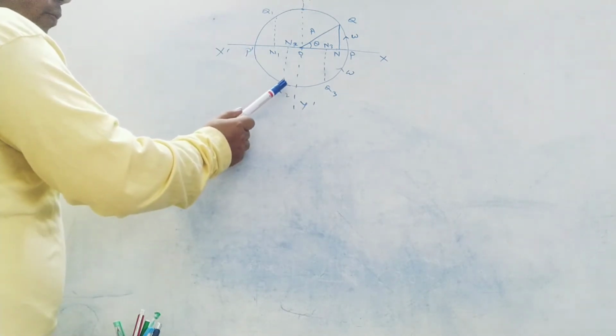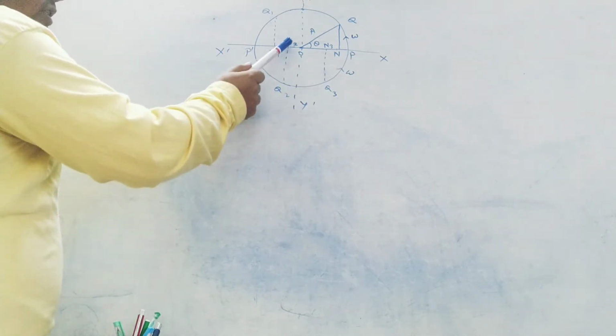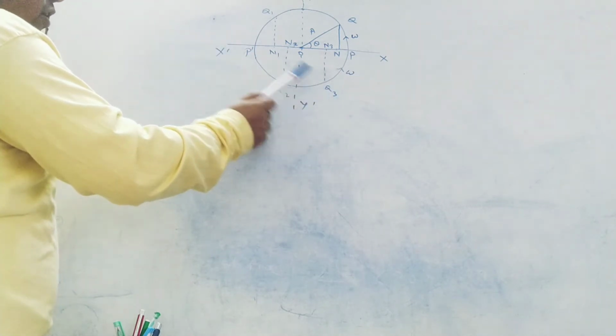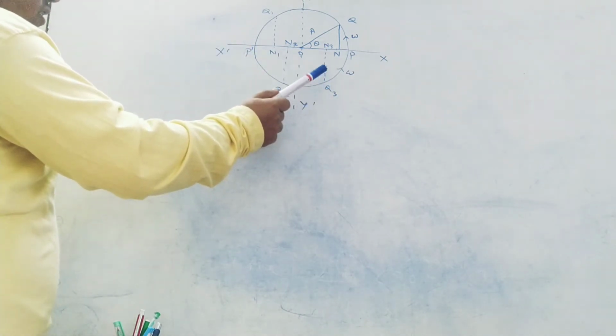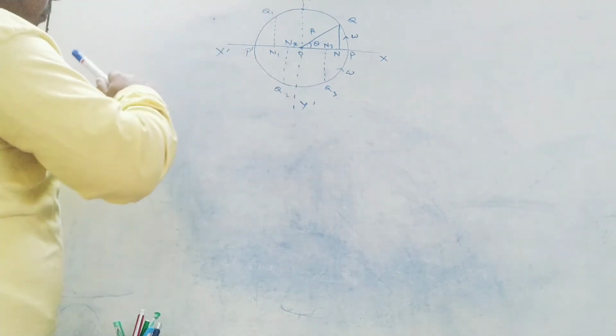Then when the position of the particle is at Q2, then the foot of the perpendicular is at N2. Similarly, when the position of the particle is at Q3, then the foot of the perpendicular is at N3.